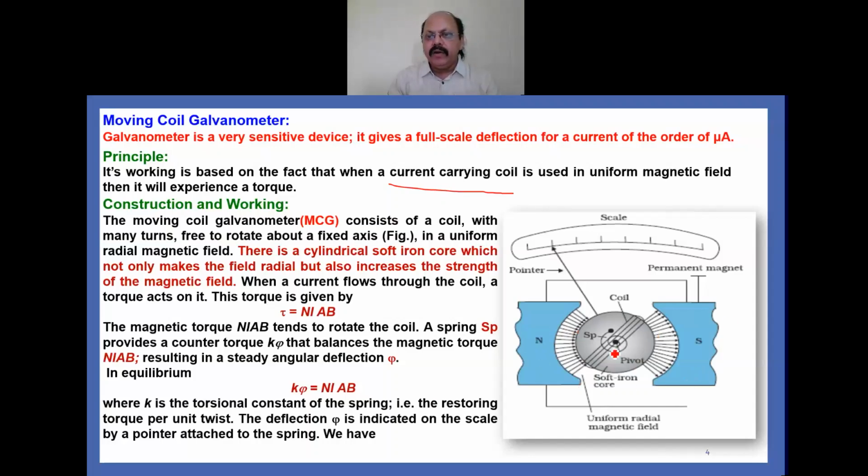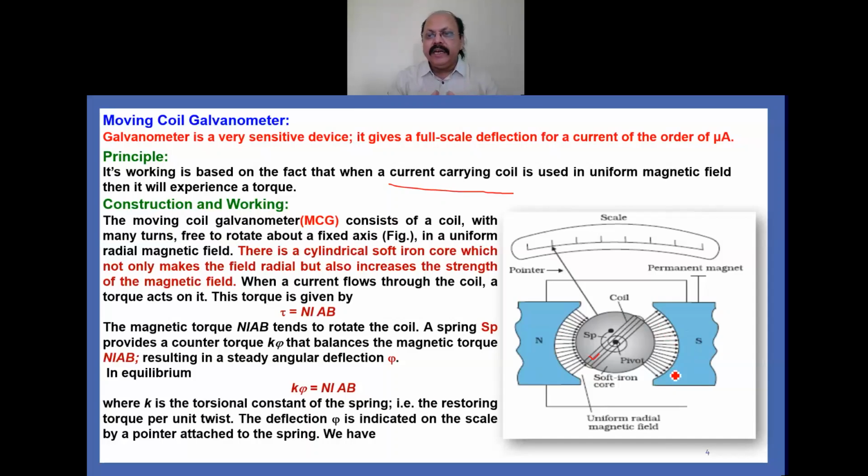See, here it is a coil. It consists of a coil with many turns, free to rotate about its fixed axis in a uniform radial magnetic field. And this radial magnetic field is produced by these two concave shaped poles of the permanent magnet.